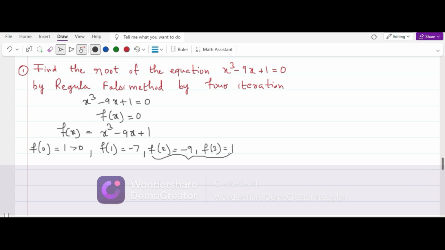Right? So 2 and 3 are consecutive numbers. f of 2 is negative and f of 3 is positive. Negative ಇಂದ positive ಹೋಗಿರೋ transition ಬೇಕು ನನಗೆ. And x0 and x1 are consecutive numbers. You got it? So I can say that x0 is 2 and x1 is 3.